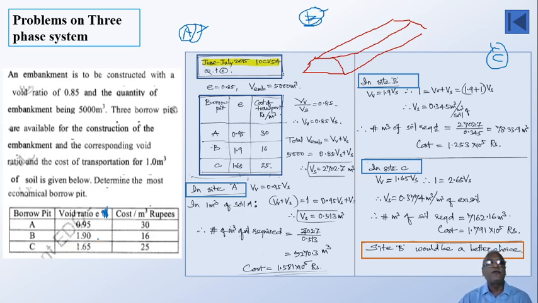Now what is the meaning of voids ratio? If you recall, voids ratio e, here also I have written. The e is nothing but volume of voids divided by volume of solids. This relation we know, right?